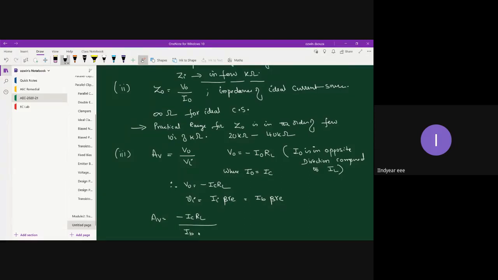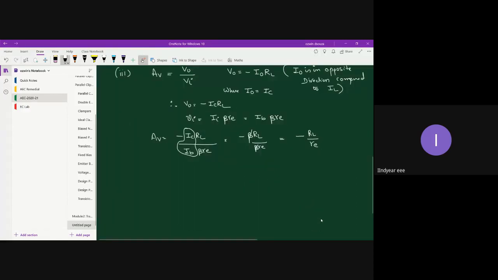VI is IB into beta times RE. Take out this ratio, IC by IB is what? Beta. So it is beta into RL divided by beta into RE. So beta gets cancelled, and you will get the voltage gain as negative RL by RE.